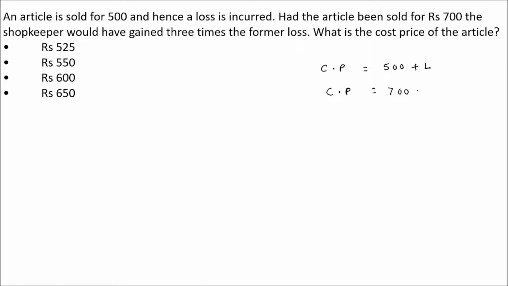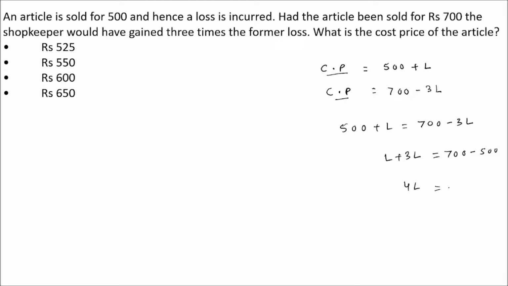So this is cost price, this is cost price, so we can write 500 plus L is equal to 700 minus 3L.